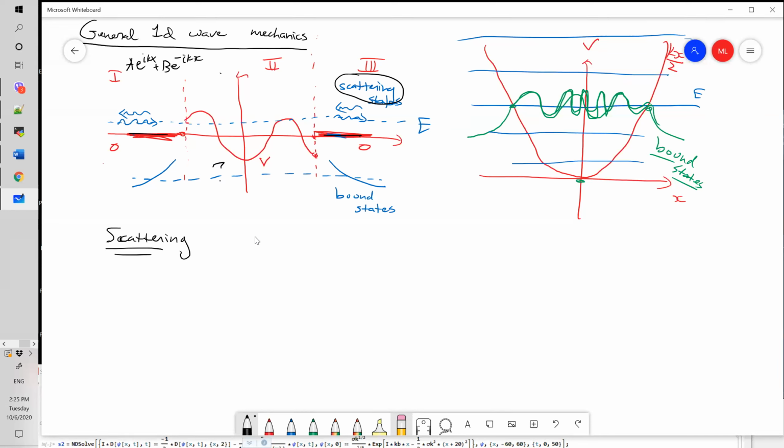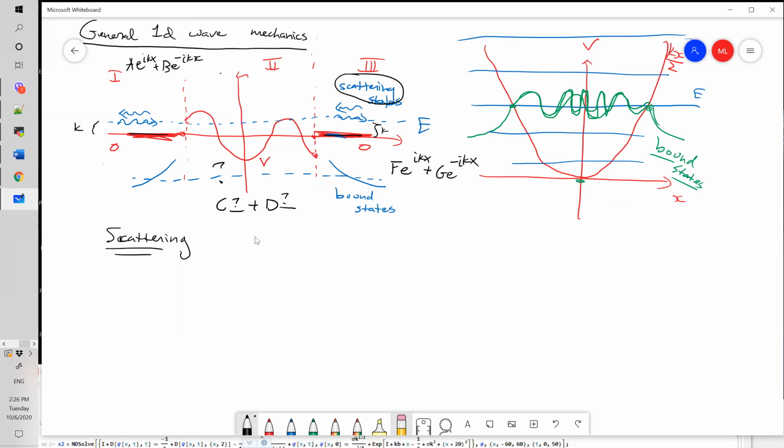Here we have some kind of solution, but it'll be two solutions, so it'll be C plus D. We might not know what these things are. They could be complicated functions inside this region. And then out here we have coefficients F and G, and I won't use E because E is the energy, but you have F e to the ikx and G e to the minus ikx, right? And this is the kinetic energy associated with this portion.